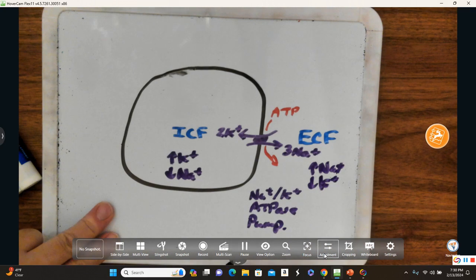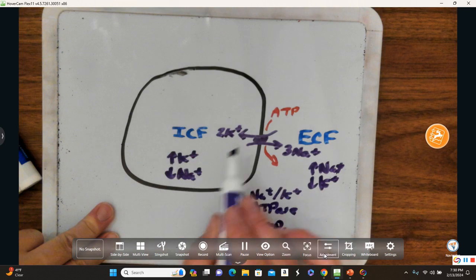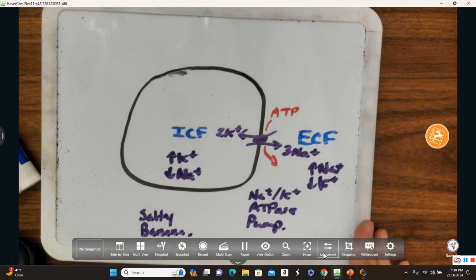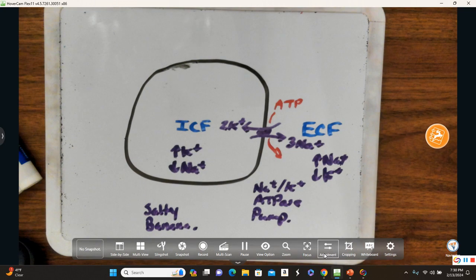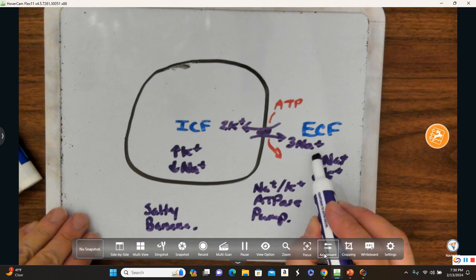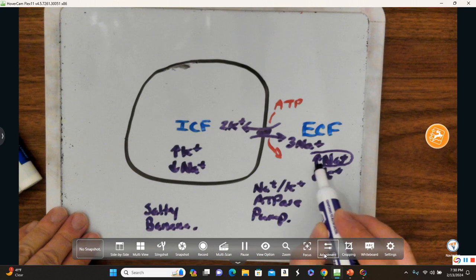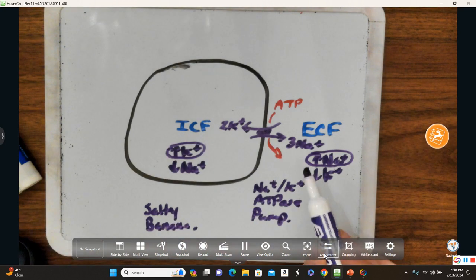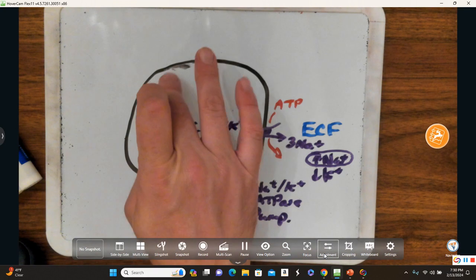We might basically say this cell right here is going to be like a salty banana. Why is it like a salty banana? Because it's got a lot of sodium outside and a lot of potassium inside. Imagine a banana rolled in salt.